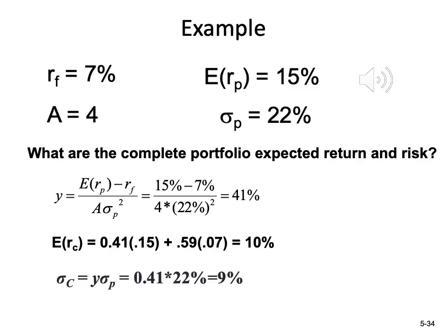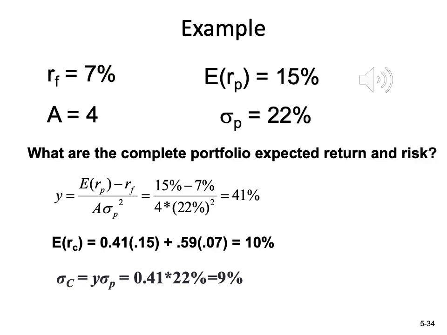According to our previous formula, y equals the risk premium of the risky portfolio, 15% minus 7%, divided by A times sigma squared of the risky portfolio, which is 4 times 22% squared. So the optimal ratio is 41%, meaning this particular investor with risk aversion level of 4 wants to put 41% of the money in the risky asset, and the remaining 59% goes to the risk-free asset.